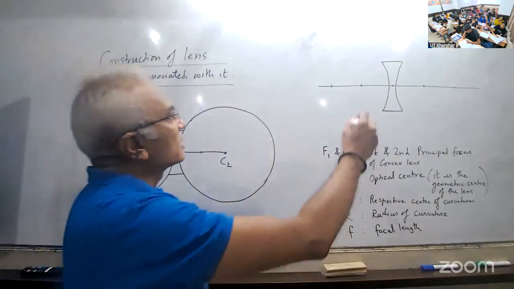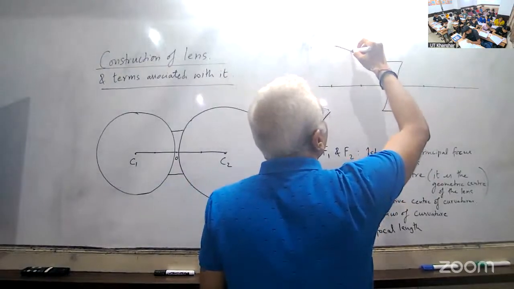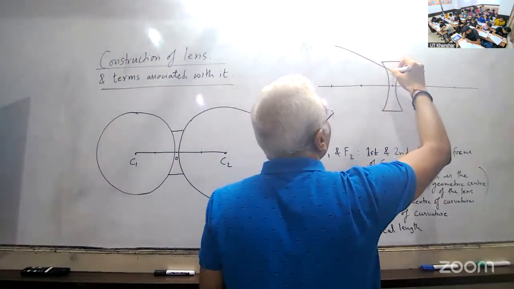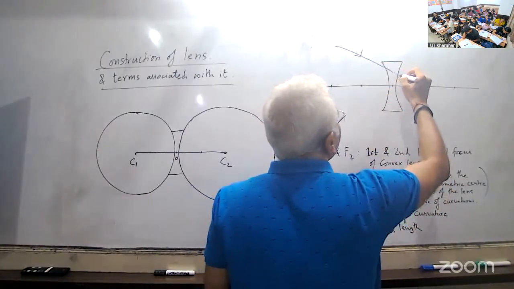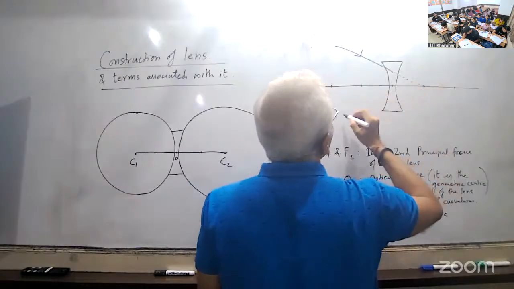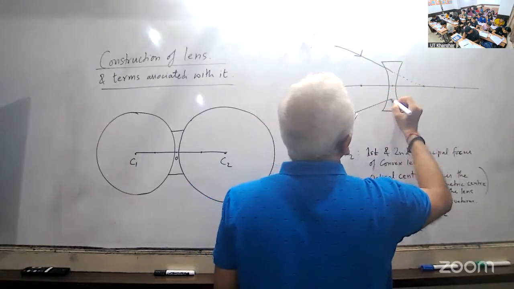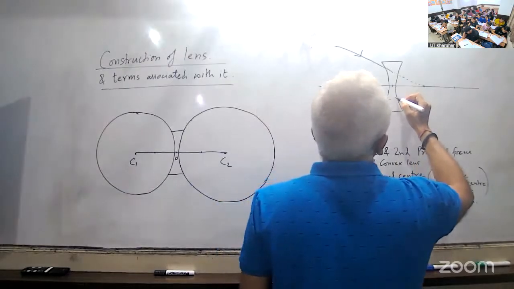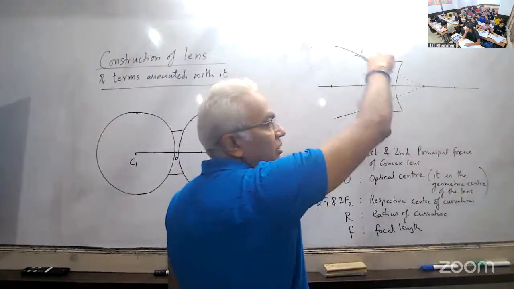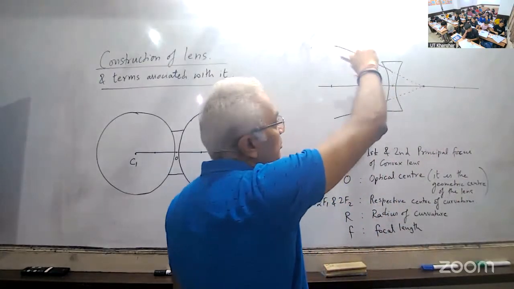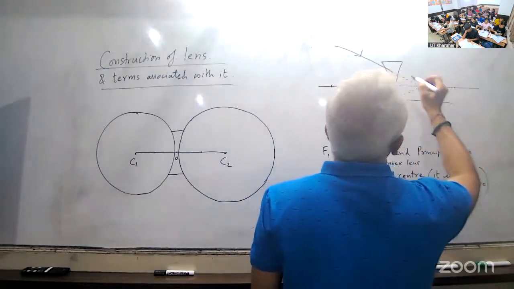Now in this case, the ray has to become parallel. So for that, it has to be incident along the focus. Right? The refraction will bend towards the base, you know? So it bends towards the base and becomes parallel.